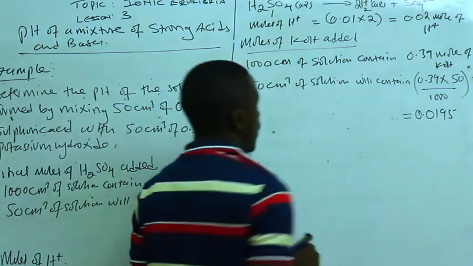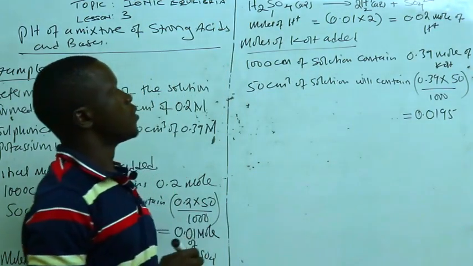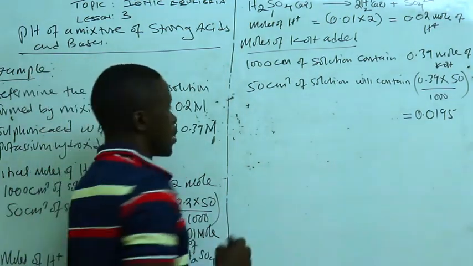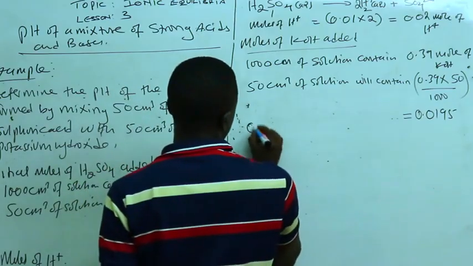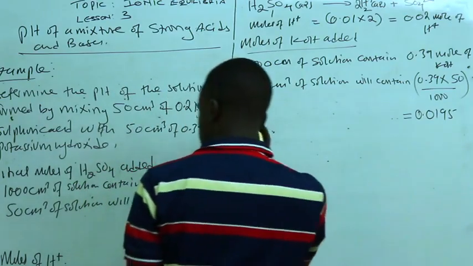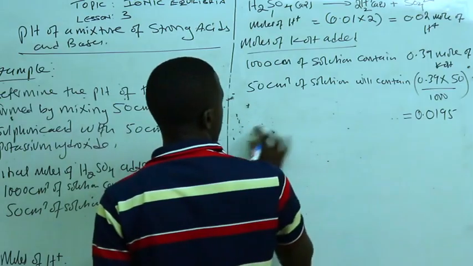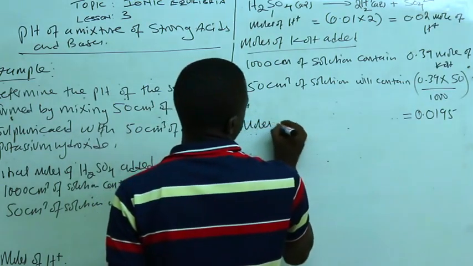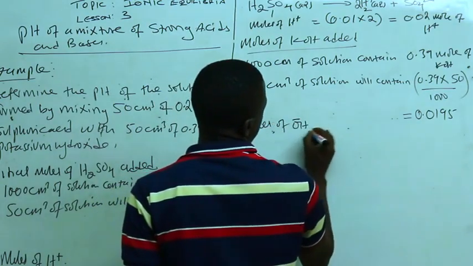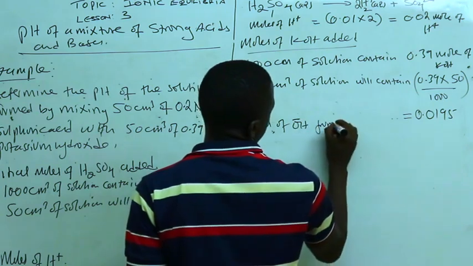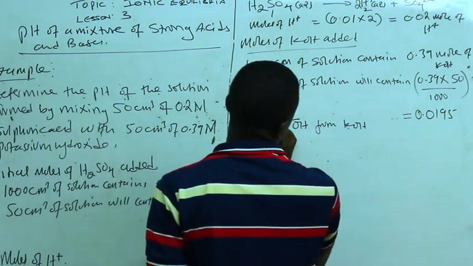Now from potassium hydroxide, when it ionizes, what are the OH ions? Moles of OH ions from potassium hydroxide.